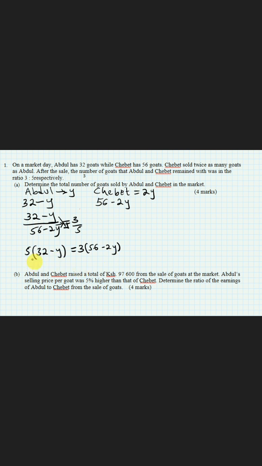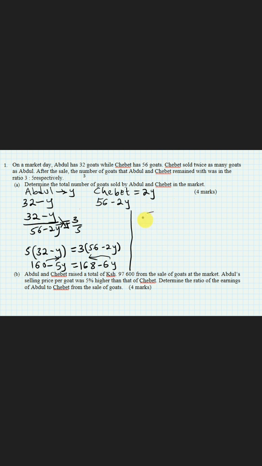Let us now open the bracket. 5 multiplied by 32 gives us 160 minus 5Y, which should be equal to 3 multiplied by 56, which gives us 168 minus 3 multiplied by 2Y gives us 6Y. So let us now collect like terms together. We take this value to the other side and bring this other one to the other side.